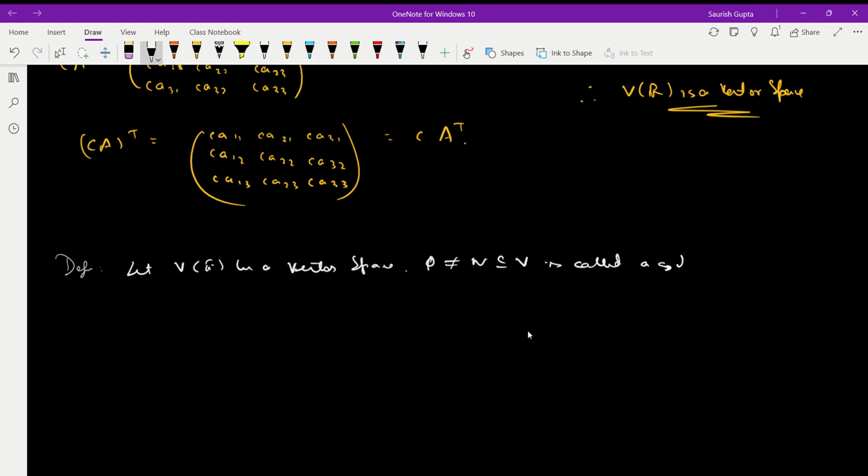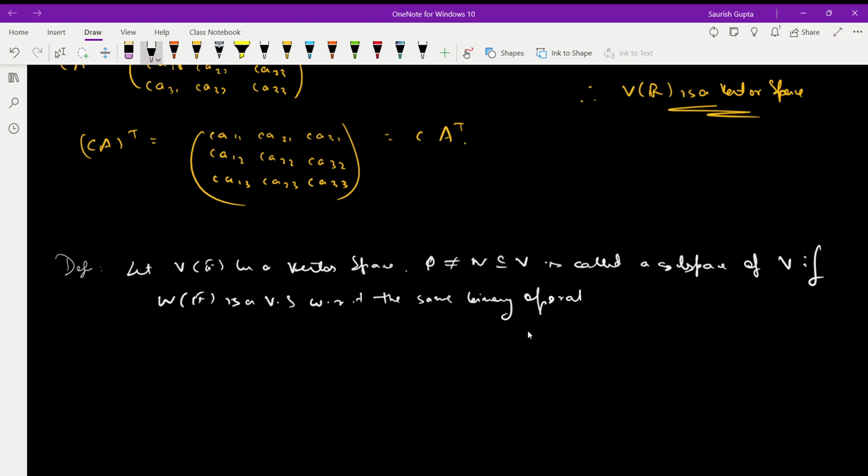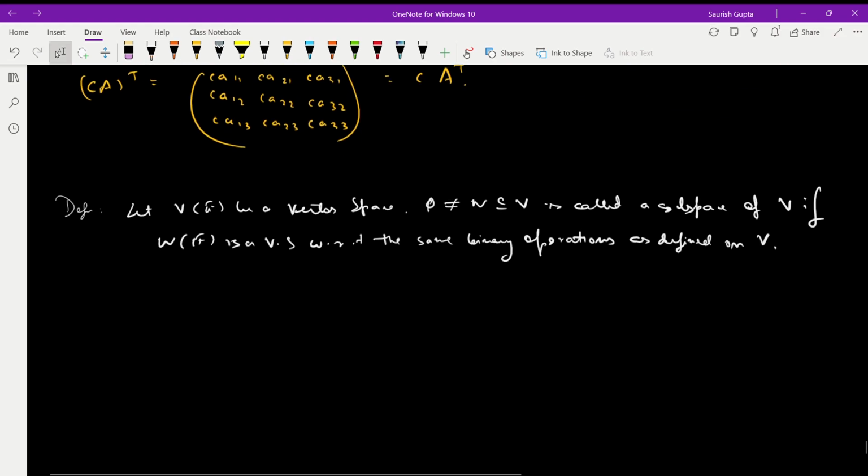Then a non-empty subset W of V is called a subspace of V if W over F is a vector space with respect to the same binary operations as defined on V. Clear?